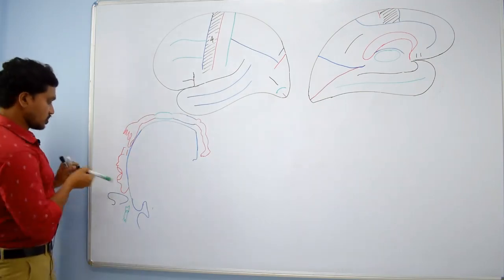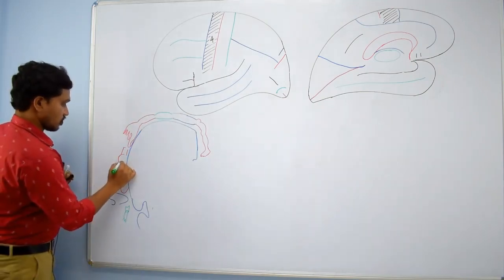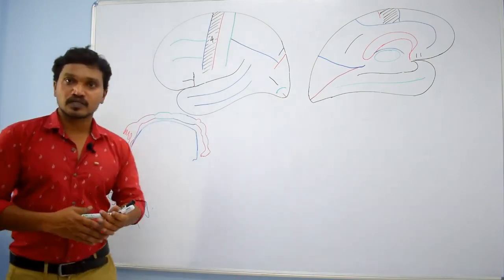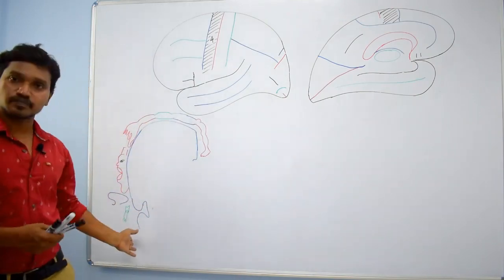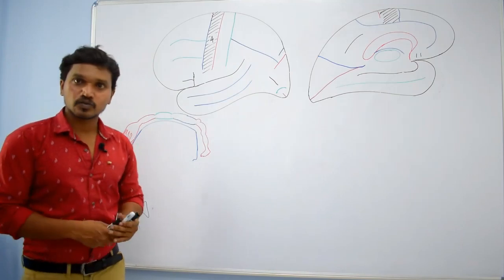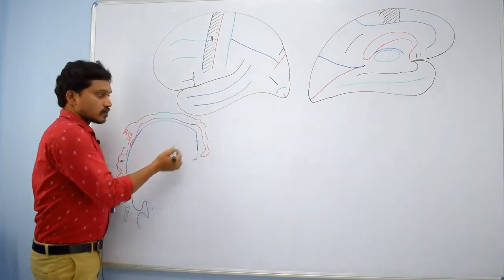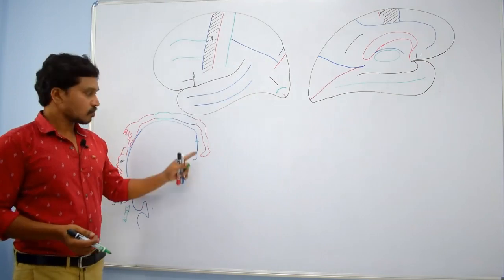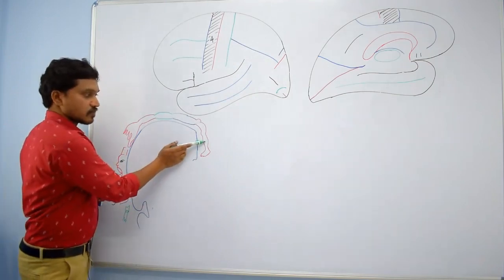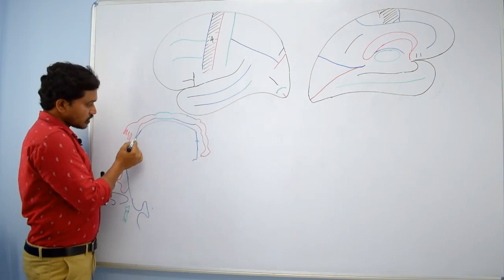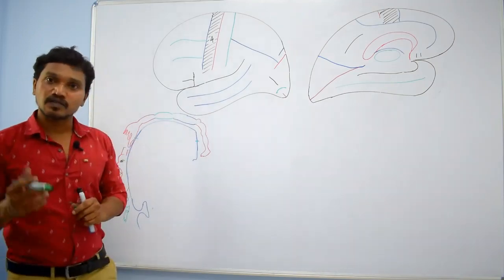This is the representation of the body. This representation is upside down. Clear? So what does it mean? If you stimulate here, contraction of these leg muscles. If you stimulate here, contraction of thumb muscles.